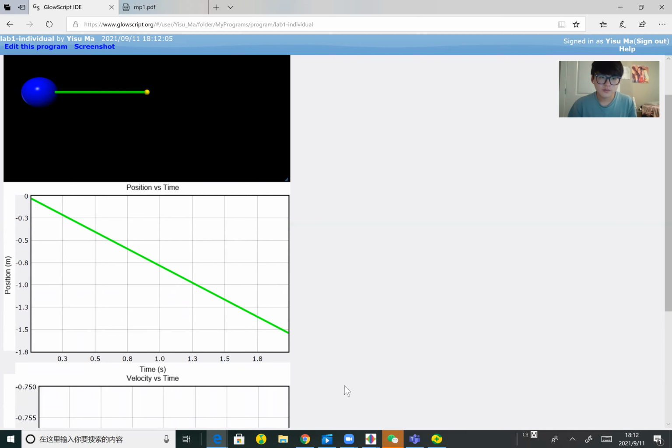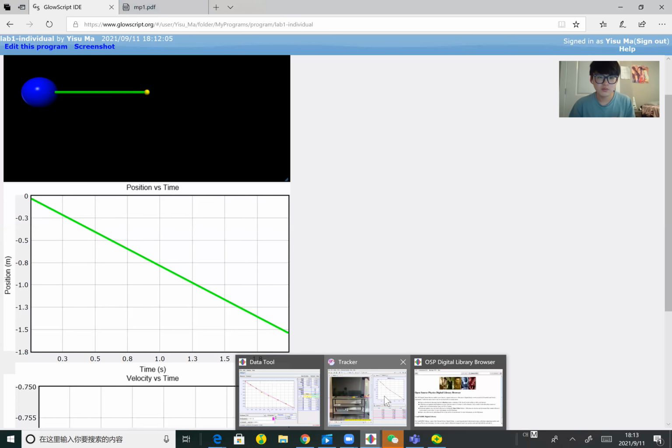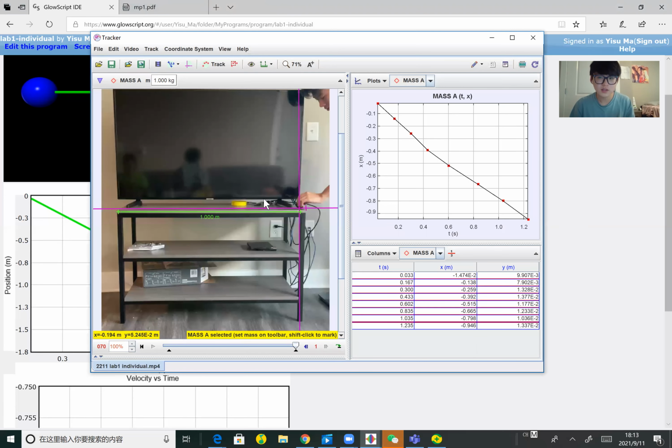So the ball is moving at a constant velocity, and the computational model is consistent with the real world model, which is a ball pushed by my roommate. You can see here. So I proved the experiment result, and that's it.